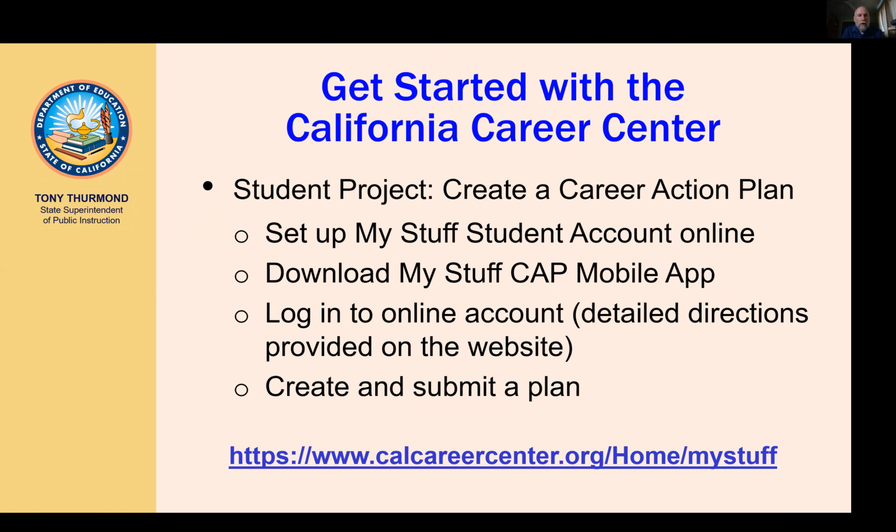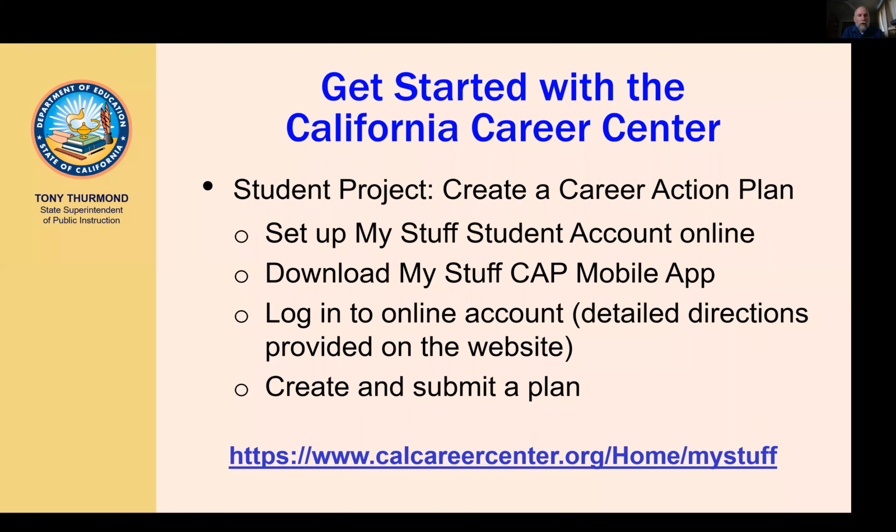The next resource to think about would be getting started with a student using the California Career Center. So the suggestion here would be to engage students in creating a career action plan. Career action plan is simply our terminology for a post-secondary plan. And in order to create a career action plan, they need to set up a My Stuff student account on the website.